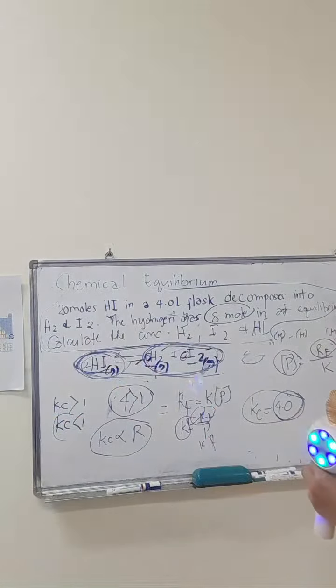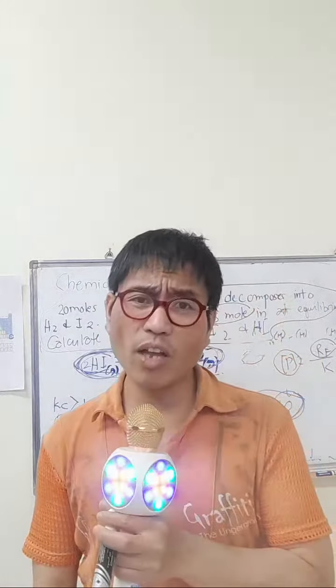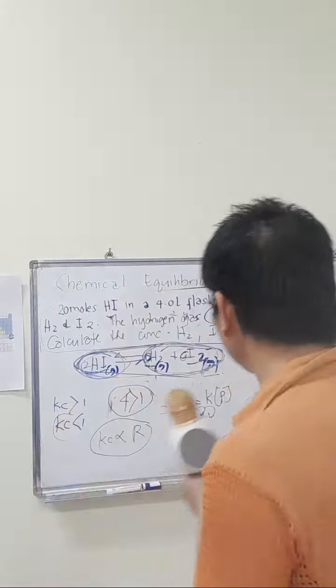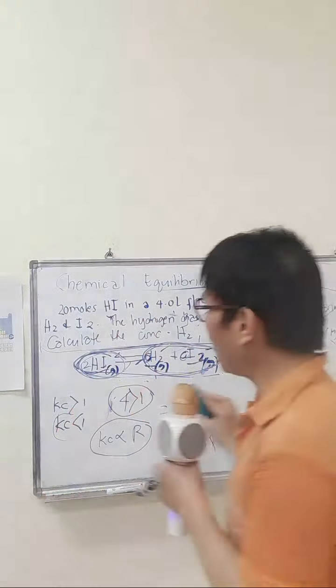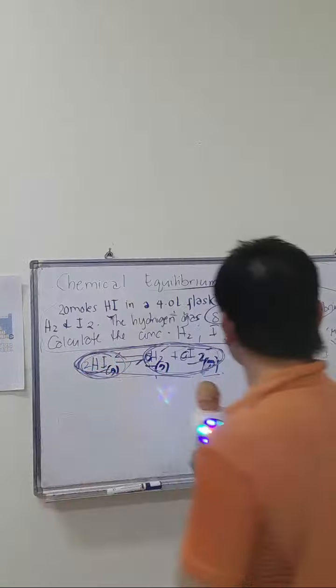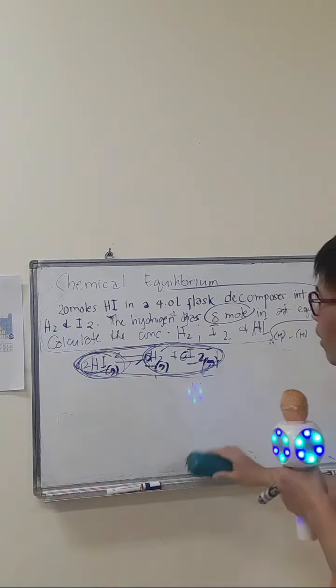Now if you talk about reaction quotient, I understood the reaction quotient only when I was in first year college. I was probably sleeping when my instructors discussed this, or maybe that was a very long time ago and I could not remember.